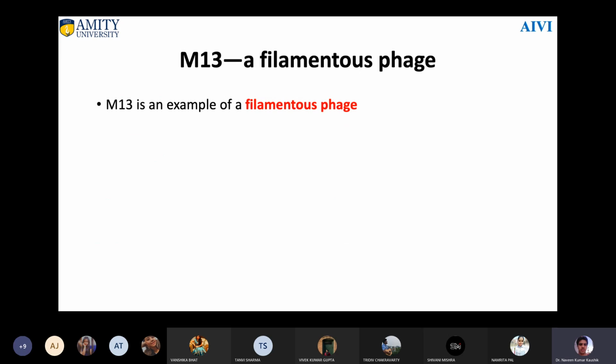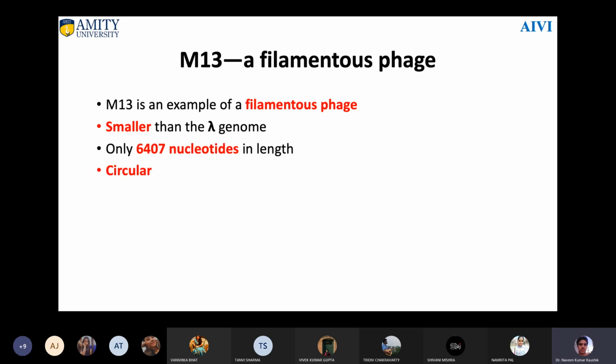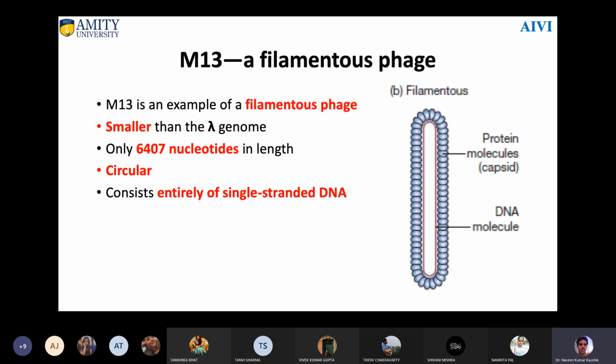This is about M13 phage. M13 is not a capsid type of structure. It is filamentous, so the structure is a filament. Within this filament you are going to have your DNA molecule, and one great thing is that the DNA molecule here is single stranded.